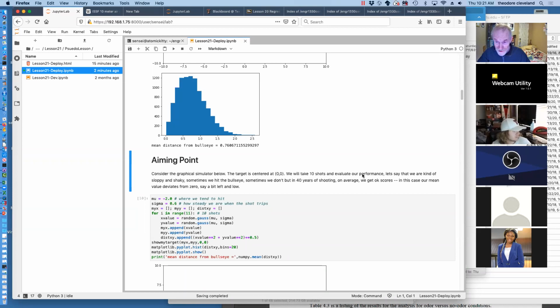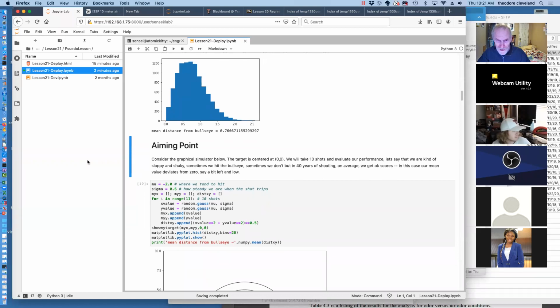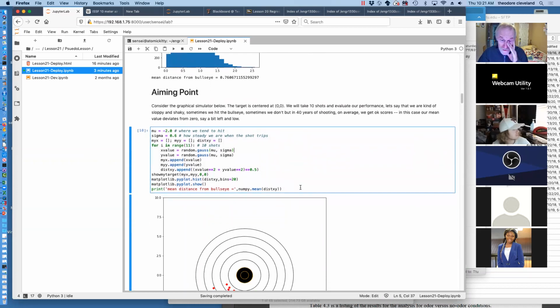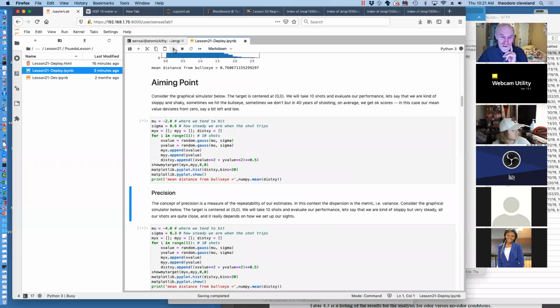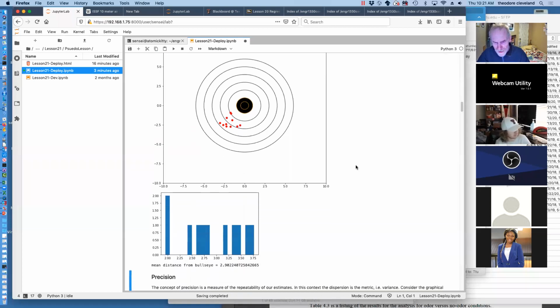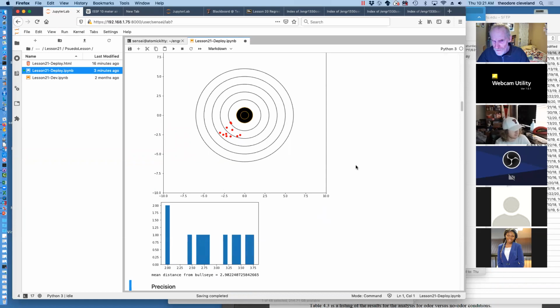We'll take 10 shots, evaluate our performance. Again, we're still a little bit sloppy and shaky, but we've been doing this for 40 years, and so we tend to get good scores because we're still in competition. And after the baggage apes have had their way with it, there's our 10 shots. And now we have what appears to be a problem.